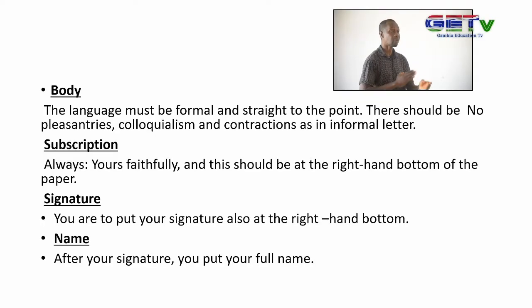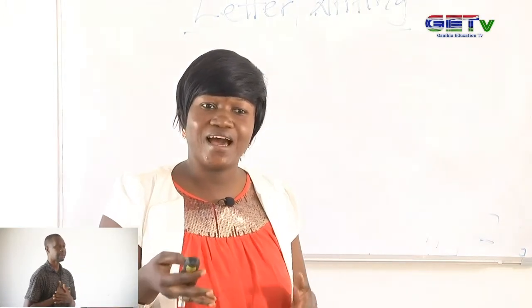Now from the body, we move to the subscription. Mind you, the body includes the conclusion. For the subscription, you should always use yours faithfully, and this should be at the right-hand bottom of the paper.